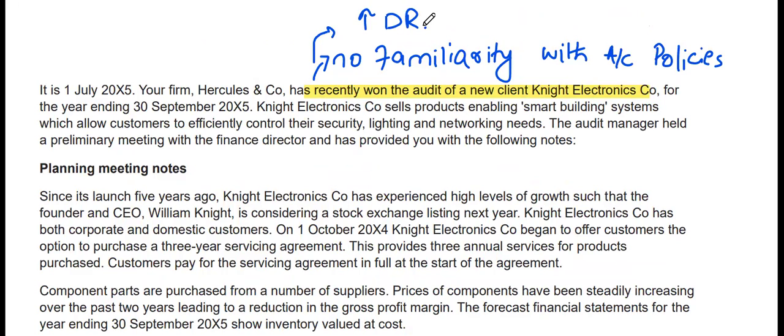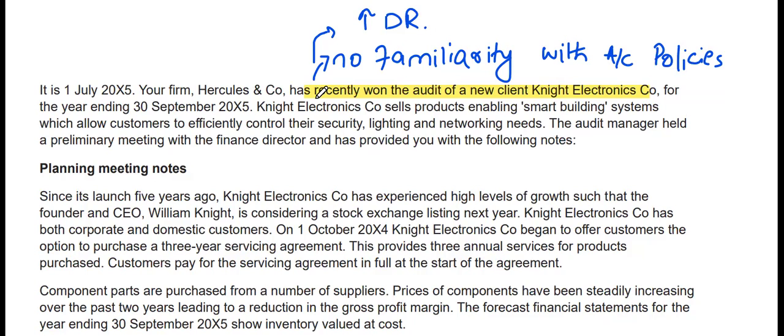And also for an additional mark, you can also write that there is less assurance over opening balances. Why is there less assurance over opening balances of this new client? Because this firm, Hercules and Company, has not performed the audit last year. Okay, so what do you guys think should be the response for this risk?